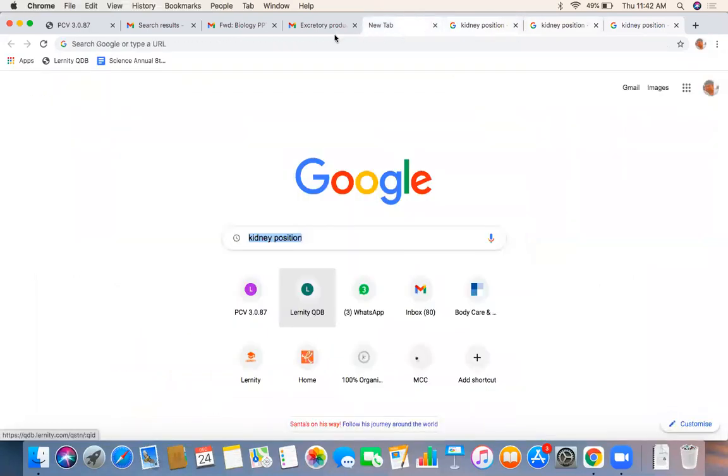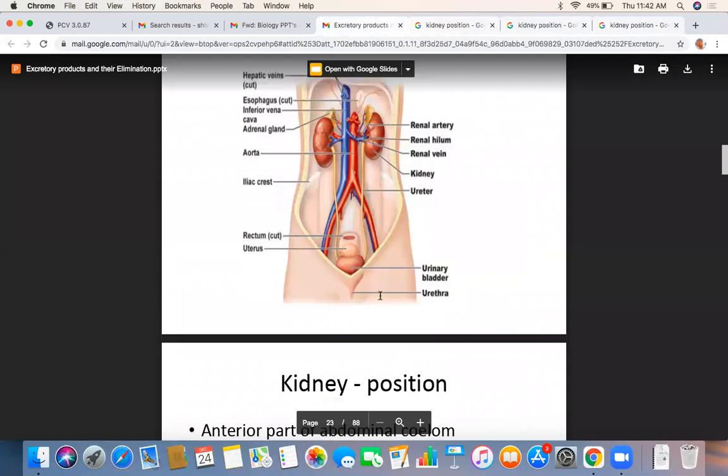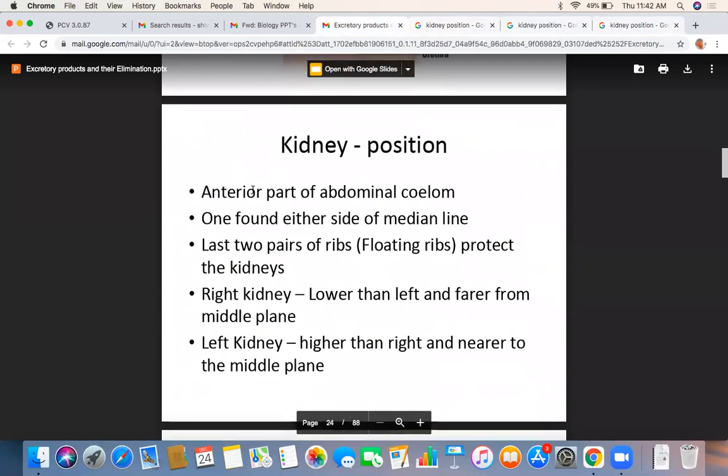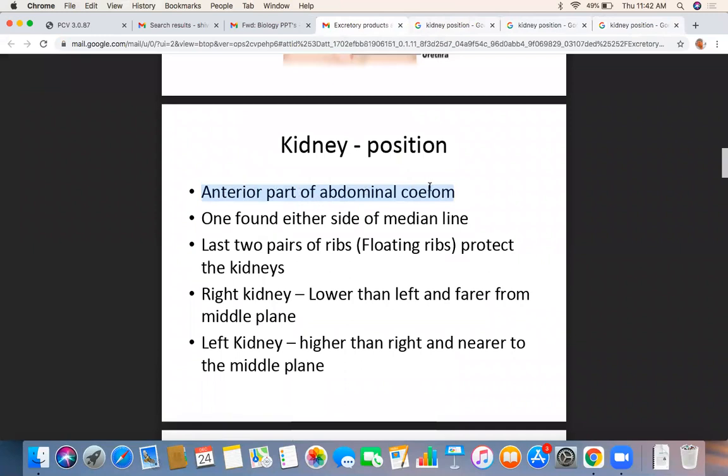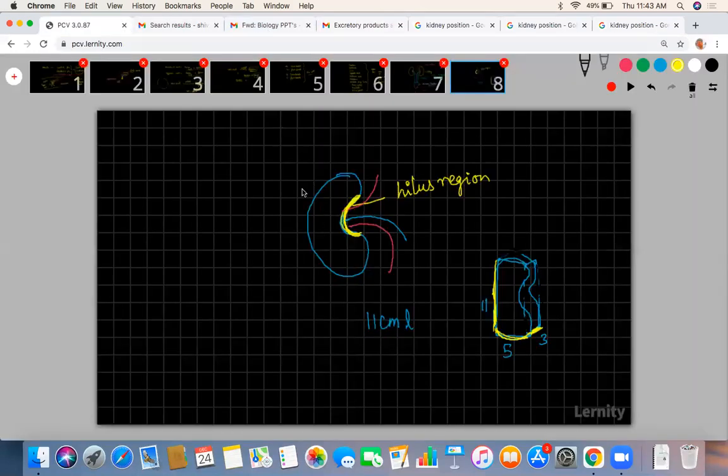So where is it located? It is located in the anterior part of the abdominal coelom. Okay, one found on either side of the median line. So you have a median line, you have one kidney here.